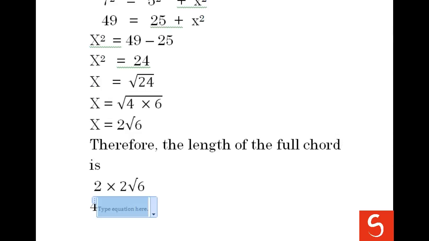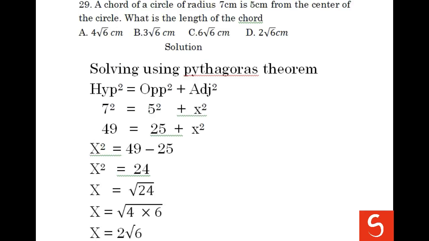That is the final solution, 4 root 6 centimeters. From my options, 4 root 6 is option A. So that is the answer.